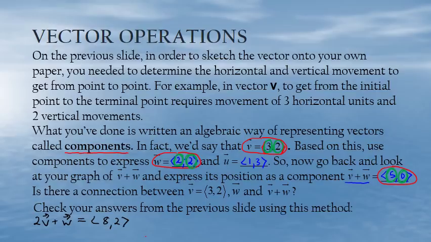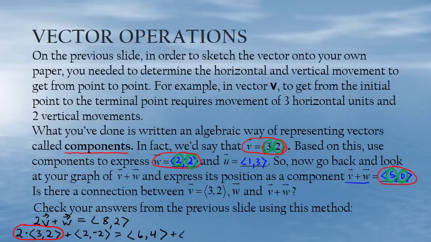Now, let's think about this. The algebraic way of doing this problem would be to take 2 times vector v, which I now know is 3, 2, and adding it to vector w, which I now know is 2, negative 2, and I think you're going to like this. 2 times vector v can be rewritten as 6, 4, because 2 times 3 is 6 and 2 times 2 is 4.